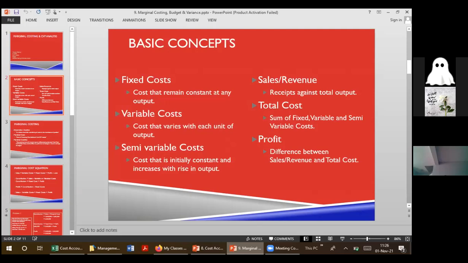So these concepts we already know. Now, anyone have any confusion about these? Semi-variable costs, we don't see them anytime, so there are not many examples of that. But just for completion, we have to know there is something called semi-variable costs, even though in our problems we never see them. Okay, so I think everyone knows these things.